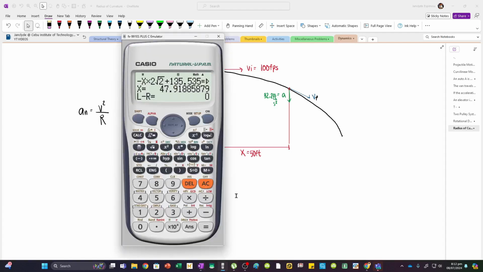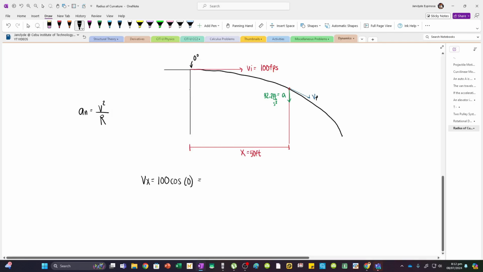Now what is cosine 0? Diba? That's equal to 1. Which means that Vx is 100. Which is, diba, realistic naman kasi initially, the stone was thrown horizontally. So that's why it will retain this initial velocity.